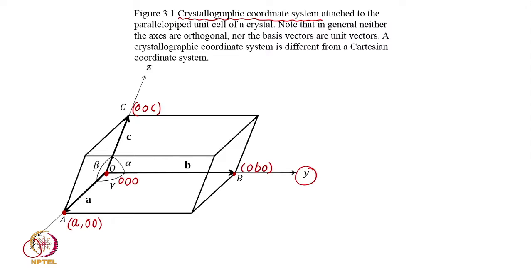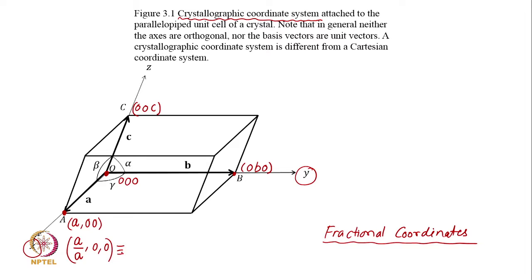Then there is something called fractional coordinates. To simplify it further, we say, why call it A 0 0? Divide the first coordinate by A. So, A by A 0 0 becomes 1 0 0.